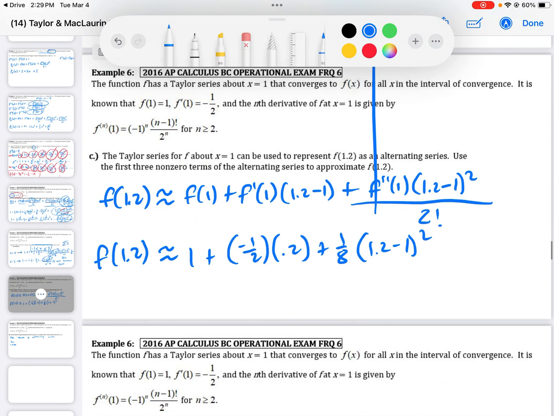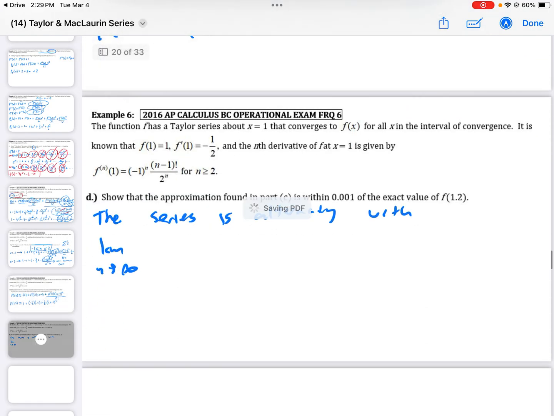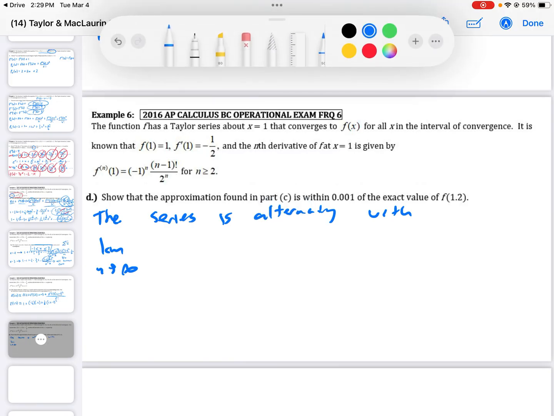So x minus, the limit as n goes to infinity. So instead of x, I'm going to plug in 1.2 to the nth power over 2 to the n times n. That's equal to 0.2 to the n over 2 to the n times n, which is 0. The bottom obviously blows up. So it's an alternating series.